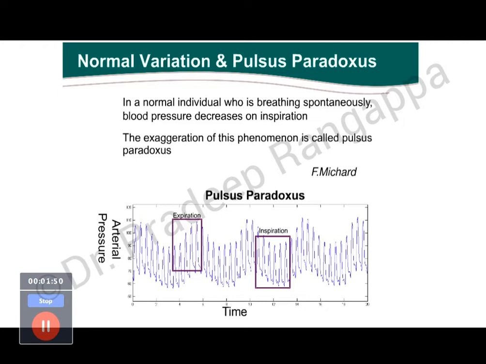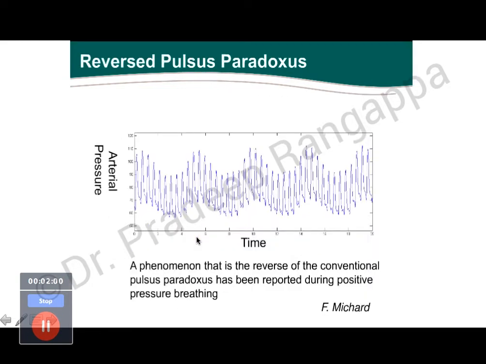The opposite of this is what happens in mechanically ventilated patients, where during inspiration the blood pressure goes up and during expiration the blood pressure comes down. This is the reverse pulsus paradoxus that we see in mechanically ventilated patients.